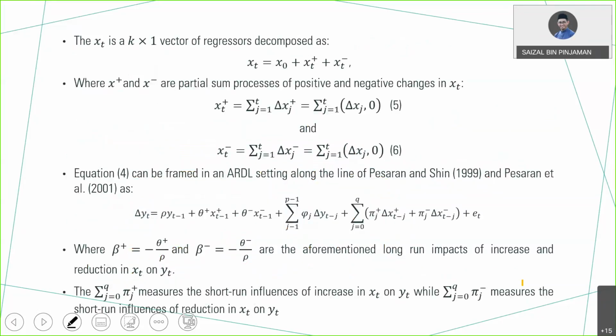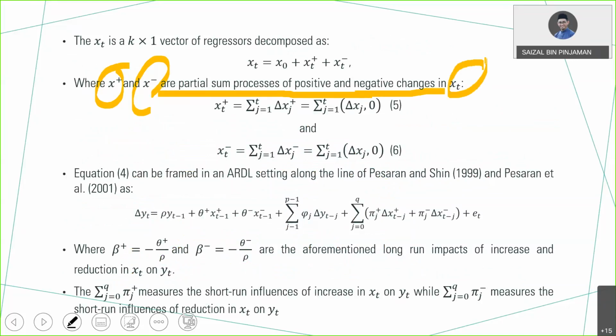So the positive notation and negative notation of the independent variables are partial sum processes of positive and negative changes in the independent variable. So here you can see that we have these partial sum processes for both the independent variable in their positive value and the independent variable in their negative values.